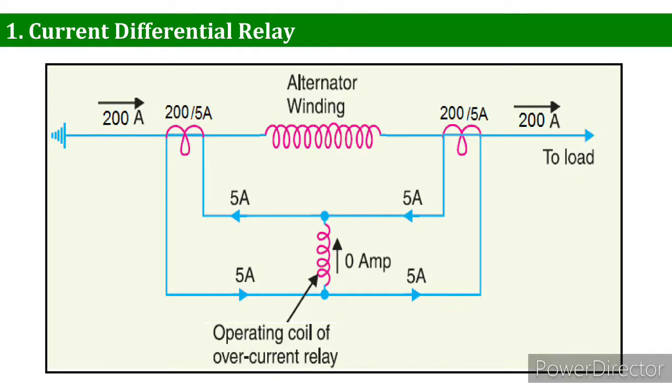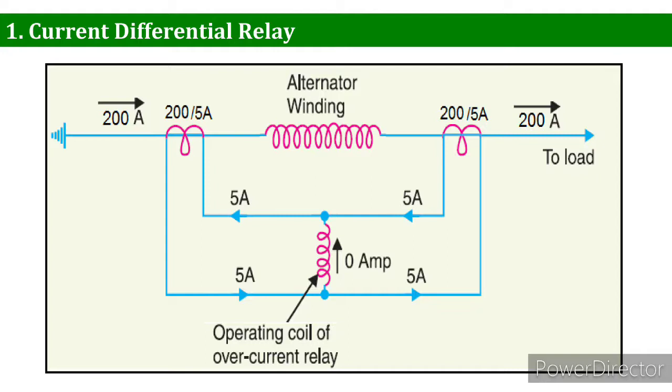They are connected in such a way that they carry the induced current in the same direction. The operating coil of the overcurrent relay is connected across the CT secondary circuit.